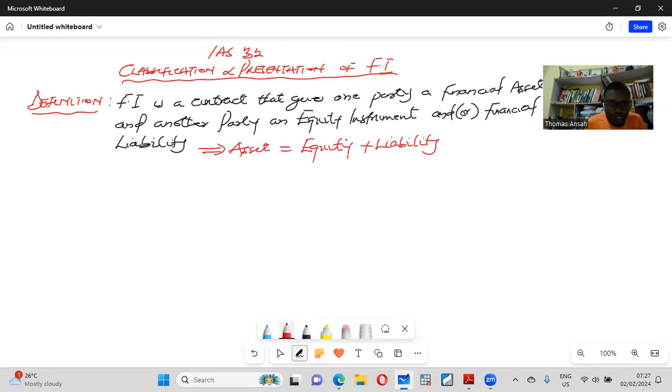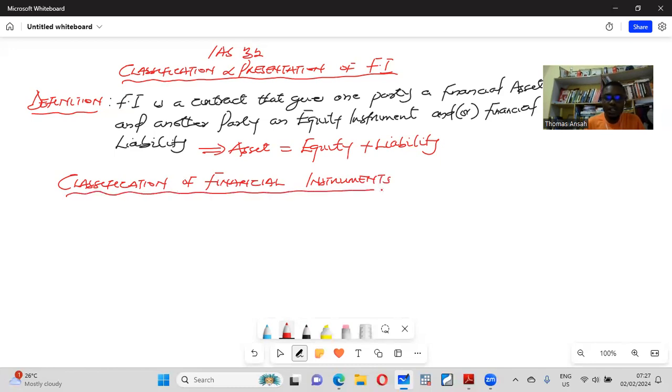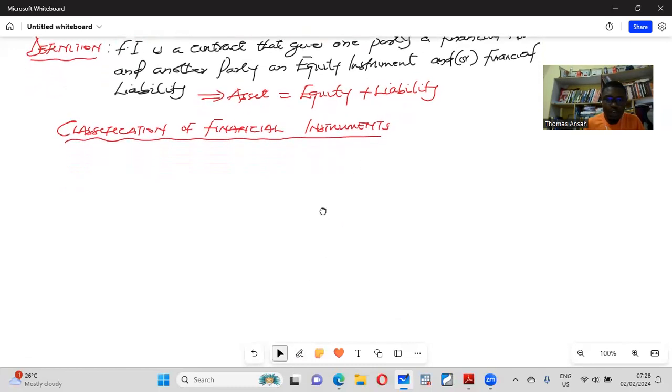And so that leads us to talking about the classification of financial instruments. So you could see there are three classifications just shown here. All right. So we're going to classify them. As you can see, we have three.